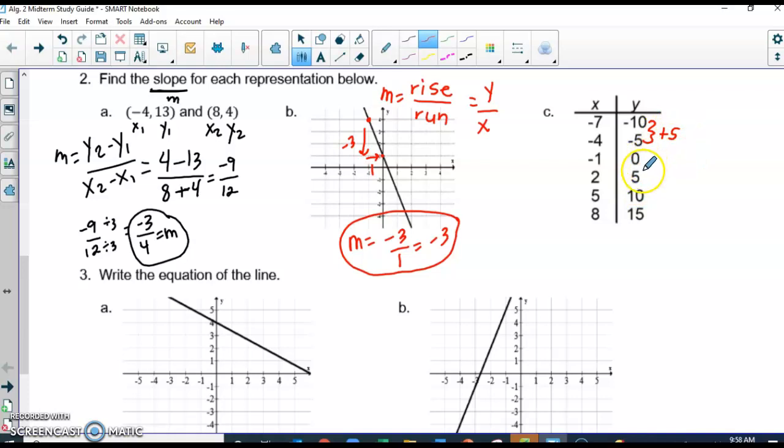Same thing here. 0 to 5, I'm adding 5. 5 to 10, I'm adding 5. So my change in y is going to be 5. When I look at my x's, the change from -7 to -4 is +3. That continues to be consistent as I go through. So my slope for C is 5 over 3.